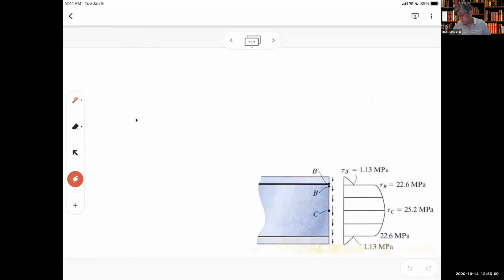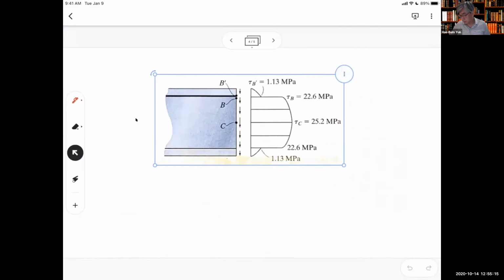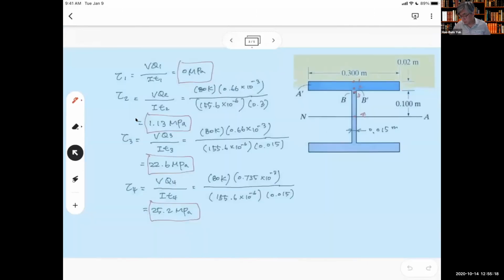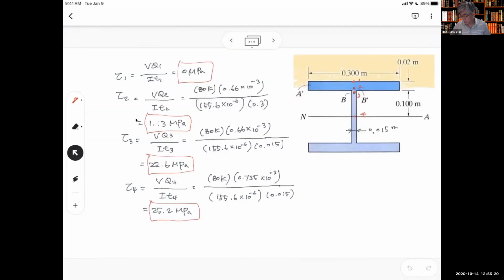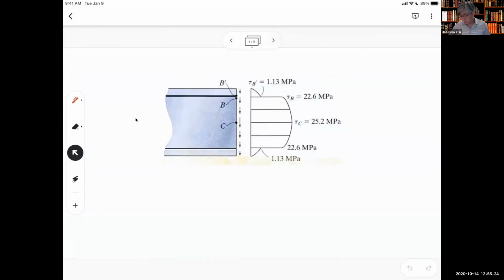So what you're seeing here is using this tau at different locations, I draw a shear stress distribution from the side. So you can see that our maximum tau is here at the neutral axis.